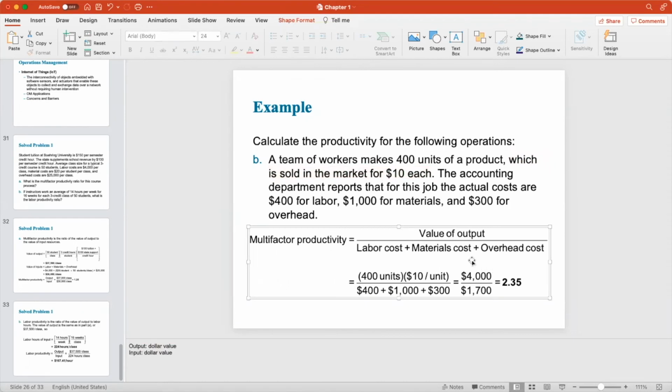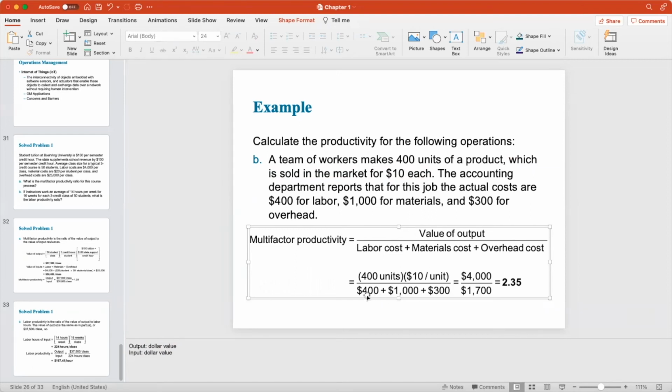And then we need to look at the input. The accounting department reports that for this job, the actual costs are 400 for labor, 1,000 for materials, and 300 for overhead. Since I'm calculating multi-factor productivity, it's not just for labor, not just for material, not just for overhead, then the input should include all these different elements.